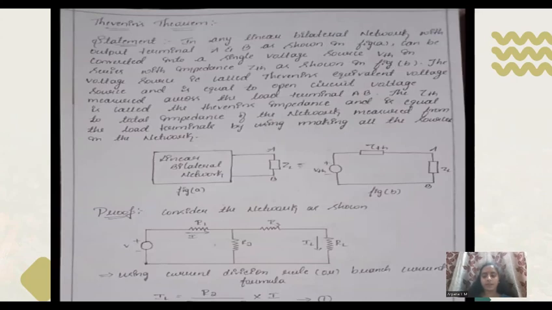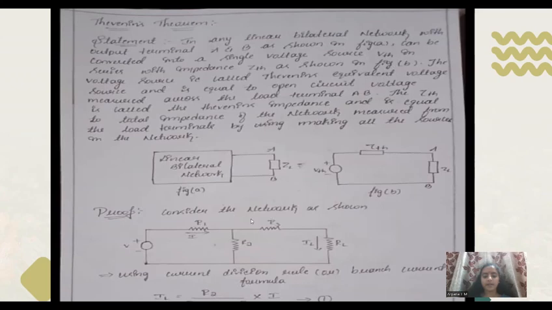The ZTH we call Thevenin's impedance, and it is equal to the total impedance of the network measured from the load terminals by making all the sources of the network zero. So now we have to prove Thevenin's theorem.